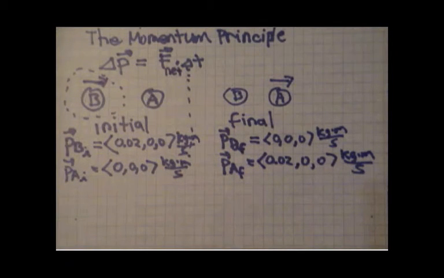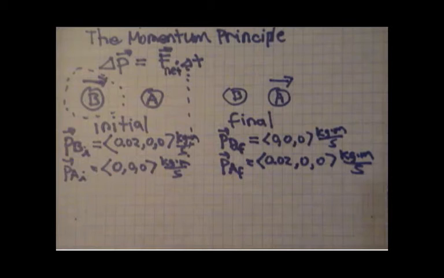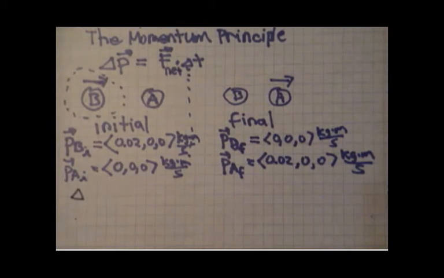Okay, so I've chosen ball B as my system, and what that means is, if I want to analyze the change in momentum that occurs during the collision, I am calculating the change in the momentum of ball B. By definition, a change in momentum is a final momentum minus an initial momentum.